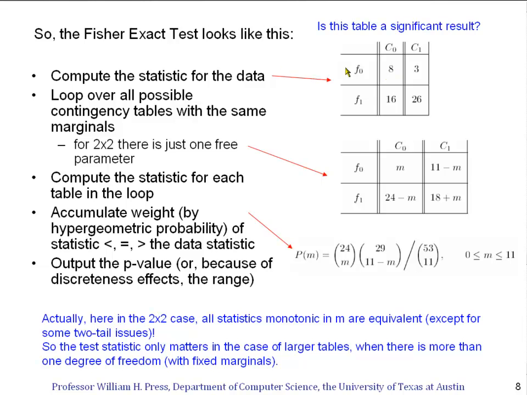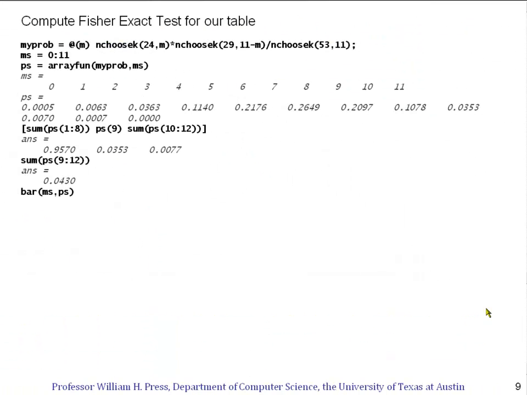In other words, are they less than 8, equal to 8, or more than 8? And as long as the statistics are monotonic, notice the choice of statistic didn't come into this hypergeometric weight, and so we'll have the same ultimate weight to the left of what we observe and to the right of what we observe, and we'll get the same tail probability. And let's now see how that works out numerically.